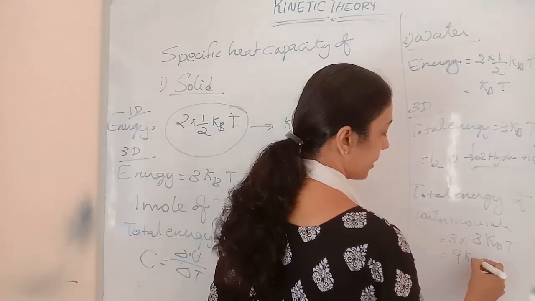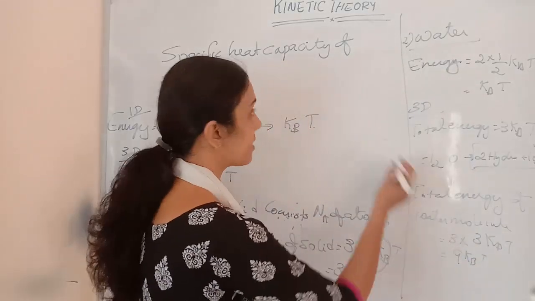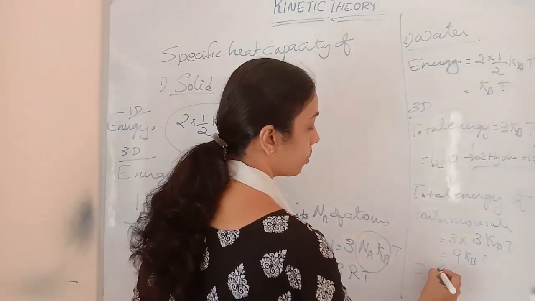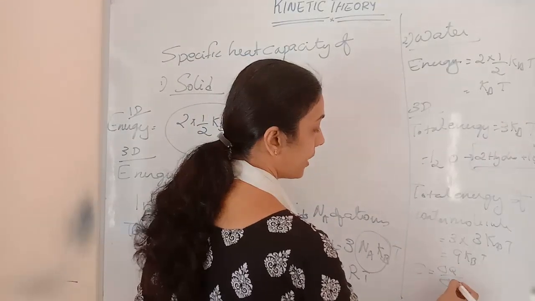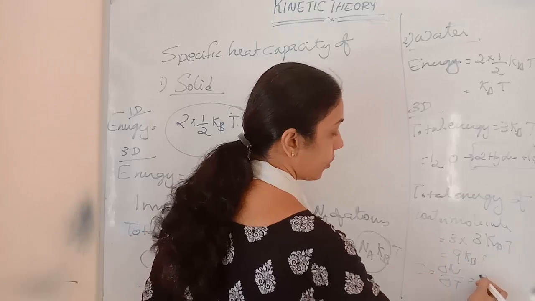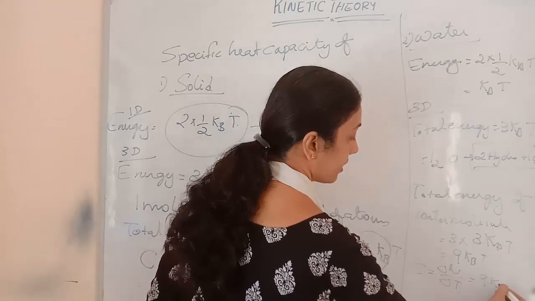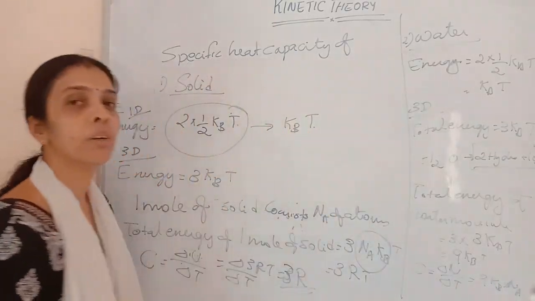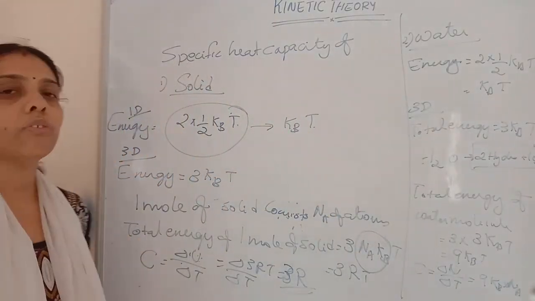So the total energy of a water molecule is 9 kBT. While considering the specific heat capacity, that is C is equal to delta Q divided by delta T, or delta U by delta T, we will get 9 kB into Na for 1 mole of water.